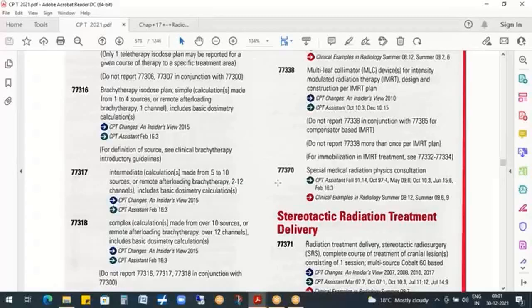Next point. If X-ray or radiological examination is performed, codes are based on number of views.